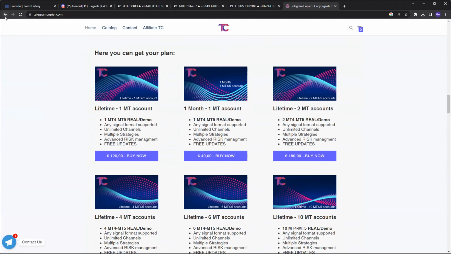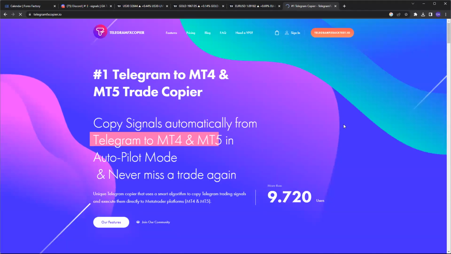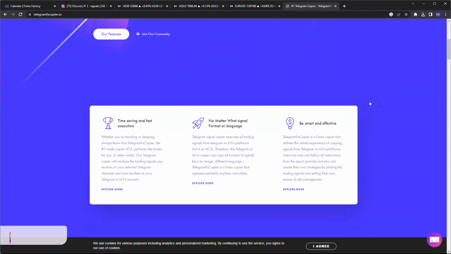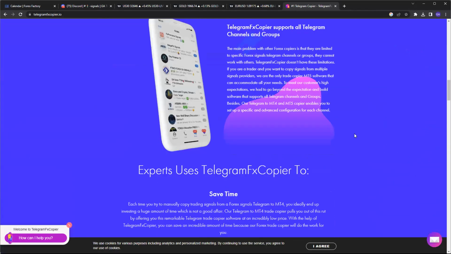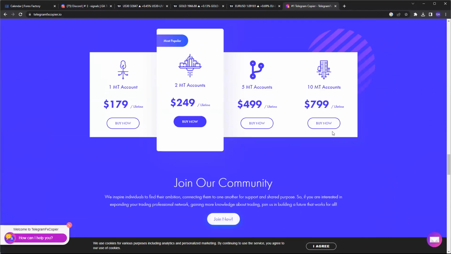So this is the one I use. There's this other one, Telegram FX Copier. I don't have that. I had read reviews about it, but let me see what the price is. I think the price for the other one was better, and it definitely works for me. This one, 2 MT4 accounts or 2 MT5 accounts, is about $249. For 1 account it's just $179.